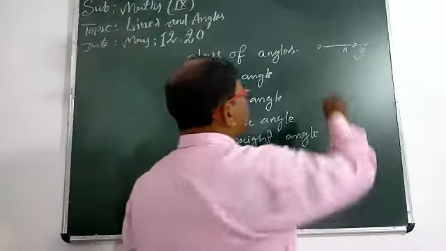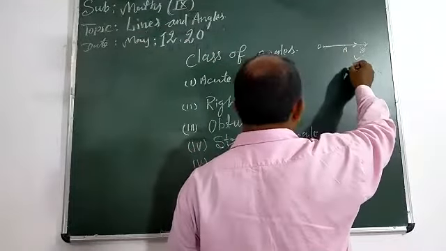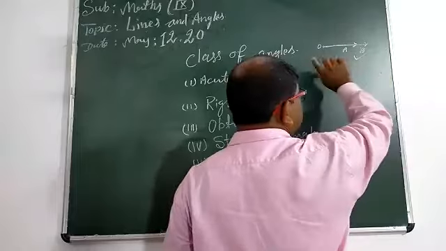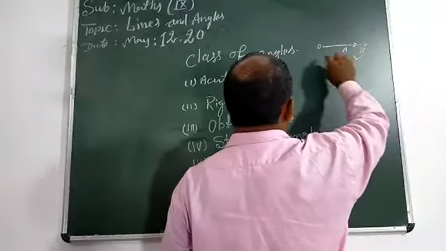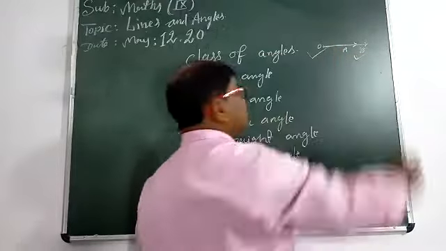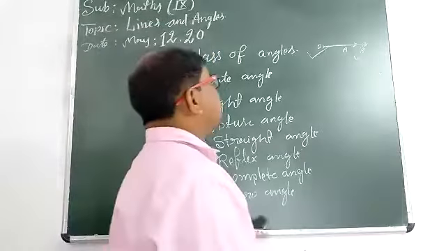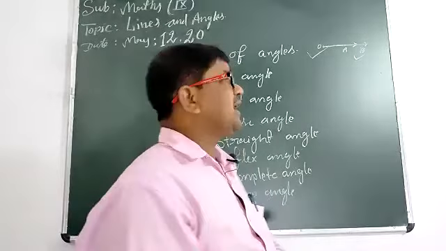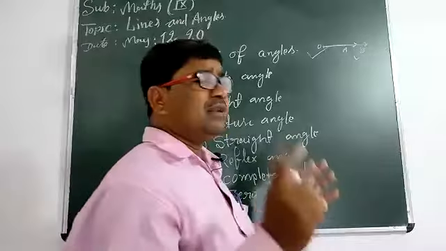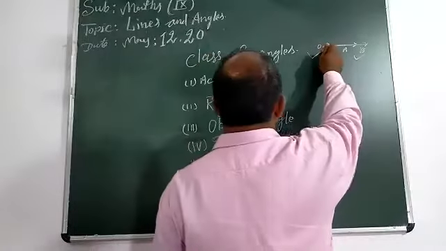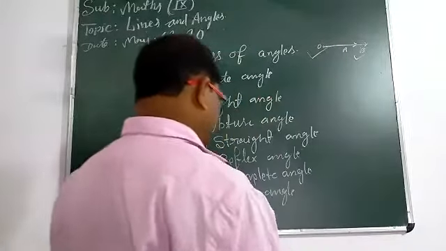That means measurement of this angle is zero, nothing. Inclination is nothing. So that is called zero angle. When two rays coincided, no inclination there, negligible. So this type of angle is called zero angle.